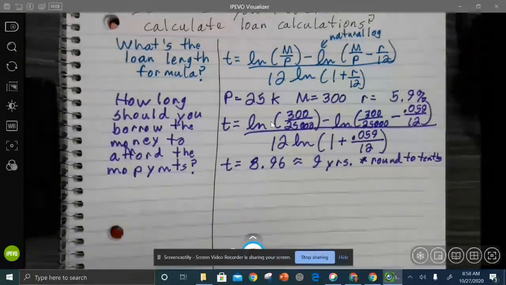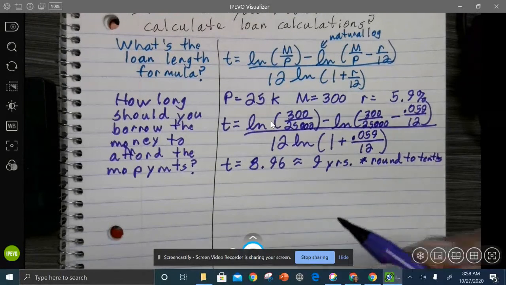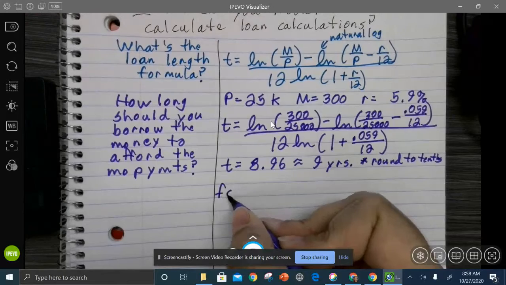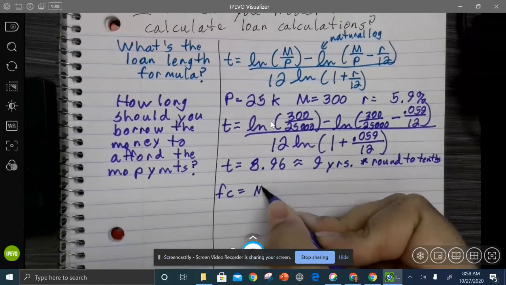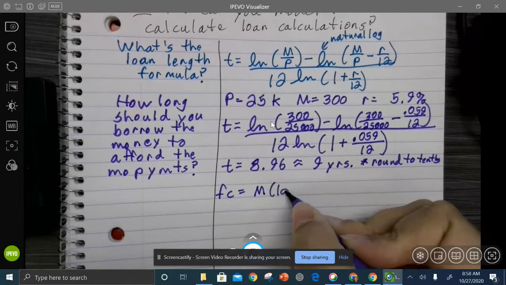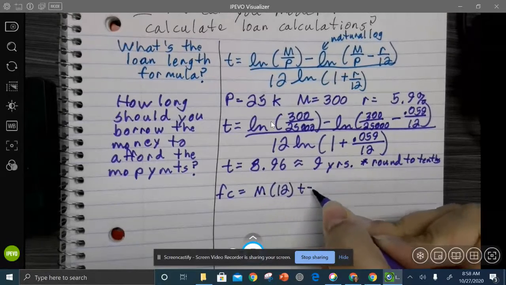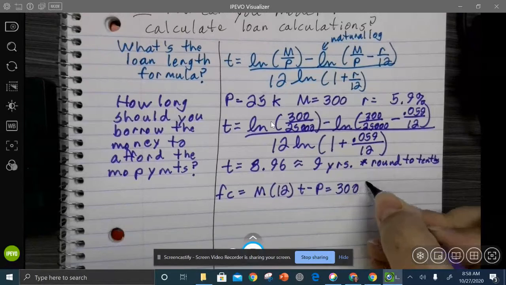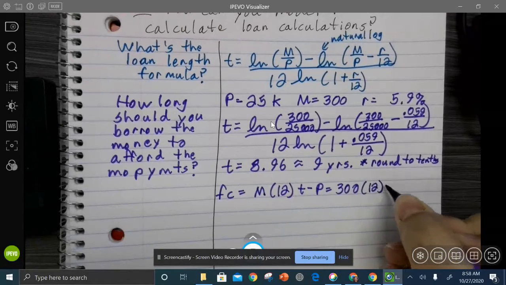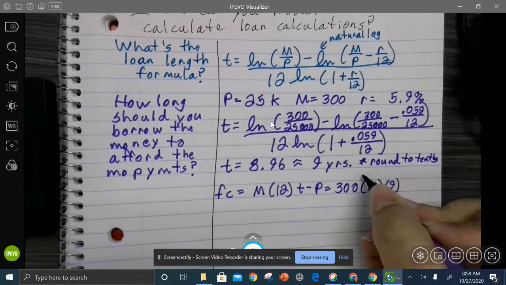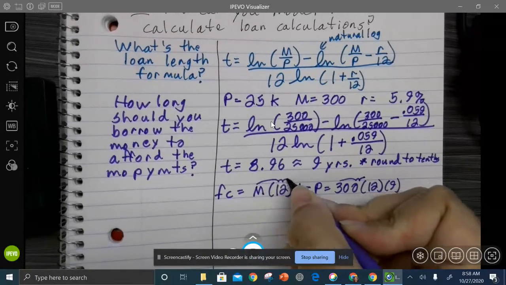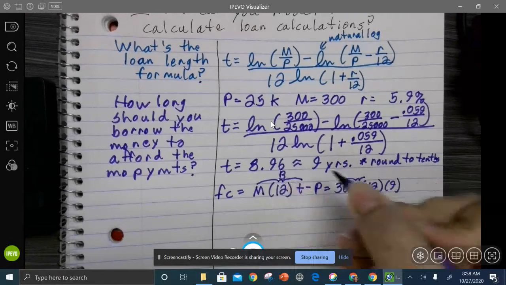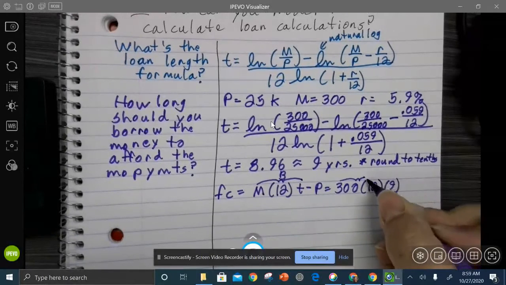What if we want to figure out the finance charge? So it's going to be monthly payment times 12 times the time minus the principal. Okay, so 300 times 12 times 9. Okay, so everybody, this part right here, I'll write it over here, is giving us the balance, so how much you paid over the life of the loan.